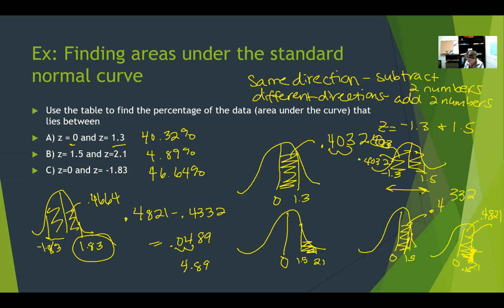And then we look up 1.5, and that's 0.4332, and then we add those two up, 0.4032 plus 0.4332, and we get 0.8364, which means this would be 83.64%, okay?